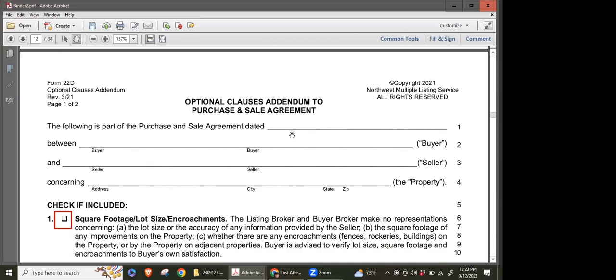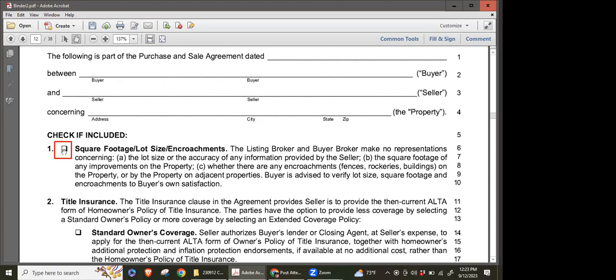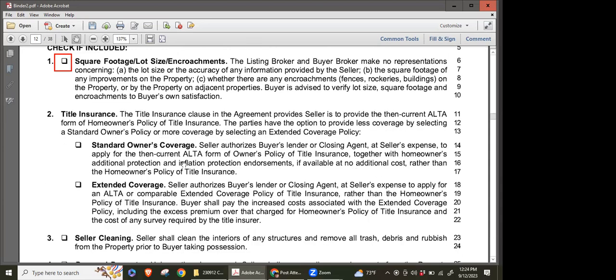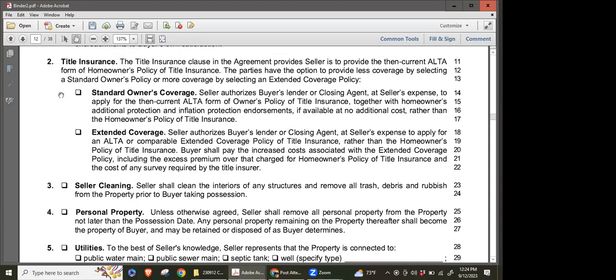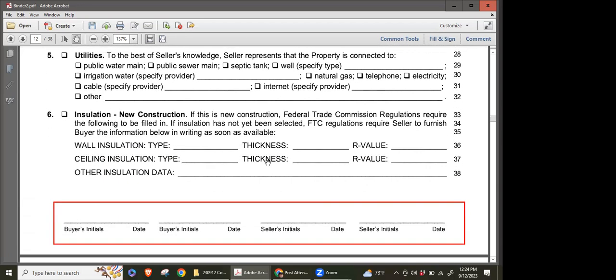Okay, so 22D, the main thing I look for, not only is it filled out up here, but number 1 is the square footage. And number 2 is that there's no checks here, because that's the best for your buyer. It is individual on each particular one.